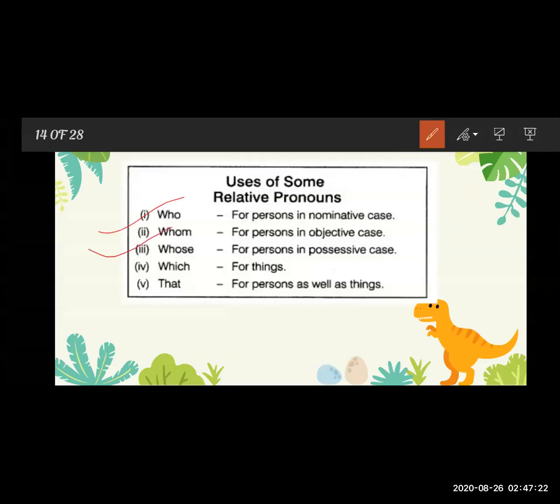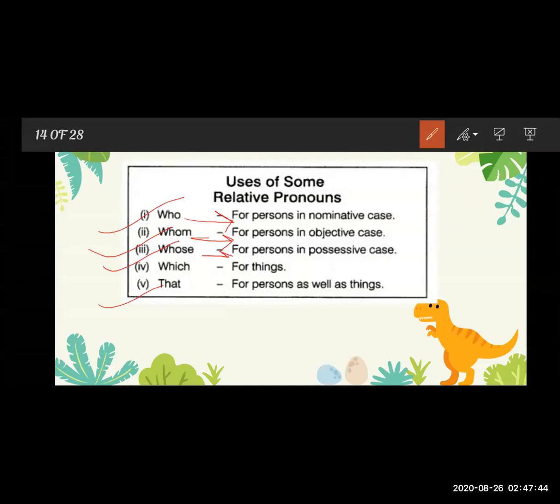In this chart: who, whom, whose, and that. We use these relative pronouns for a person, but the cases are different. Who we use in the nominative case, meaning as a subject. Whom we use in the objective case, meaning as an object.